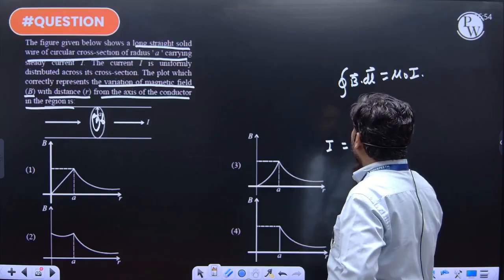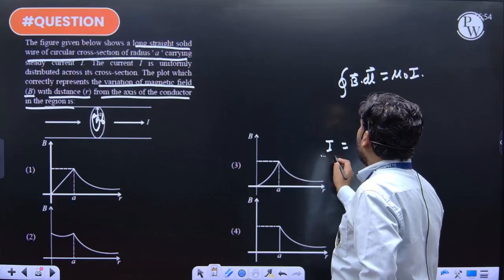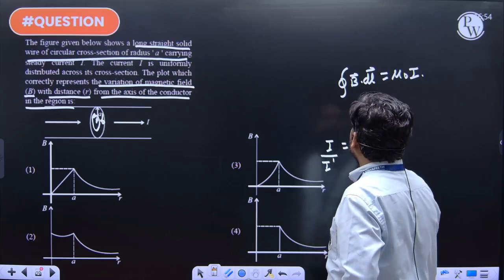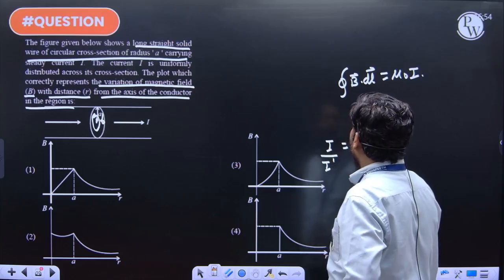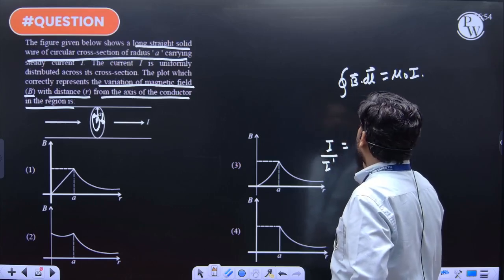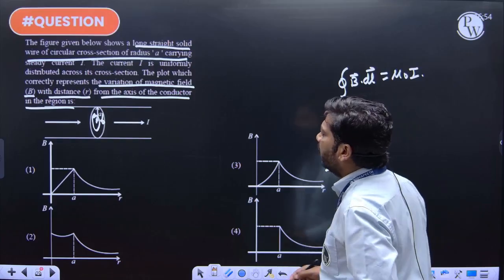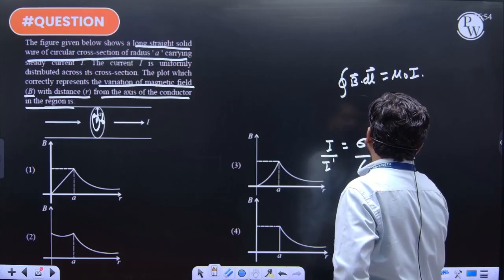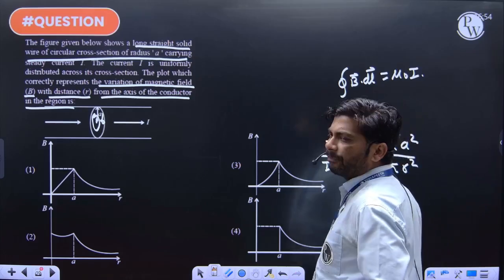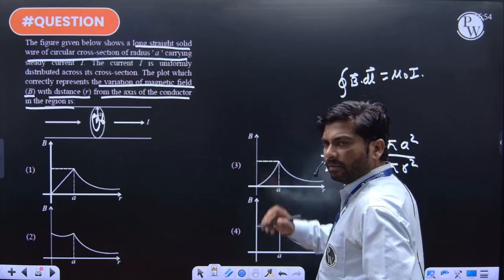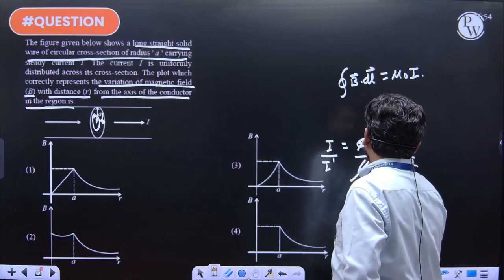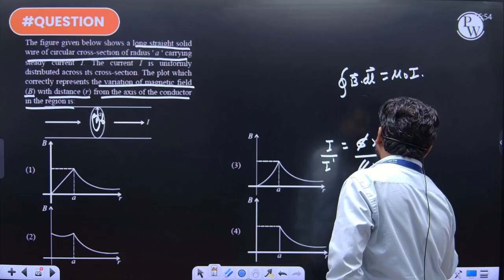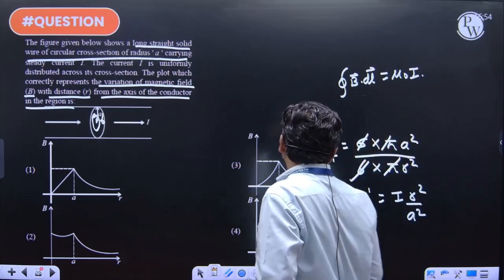So can I write I by I dash is equal to area? Let us assume the current density is sigma. So sigma into pi a square divided by sigma into pi small r square. Can I write like this? Yes or no? So here sigma cancels, pi cancels. So I dash is equal to I into r square by a square. I am doing the correct total derivation of it.